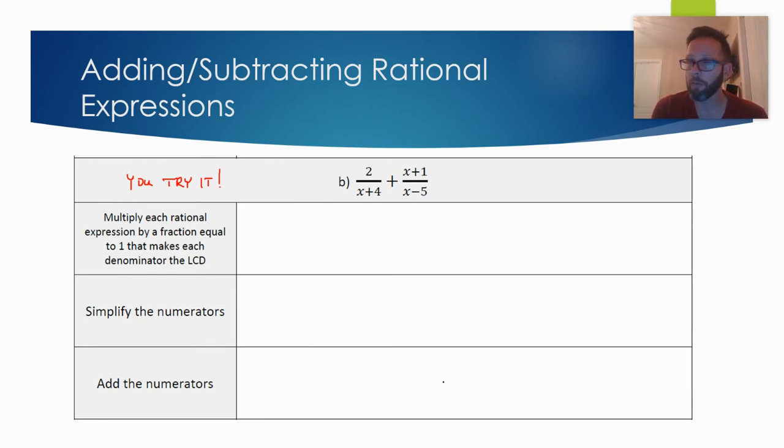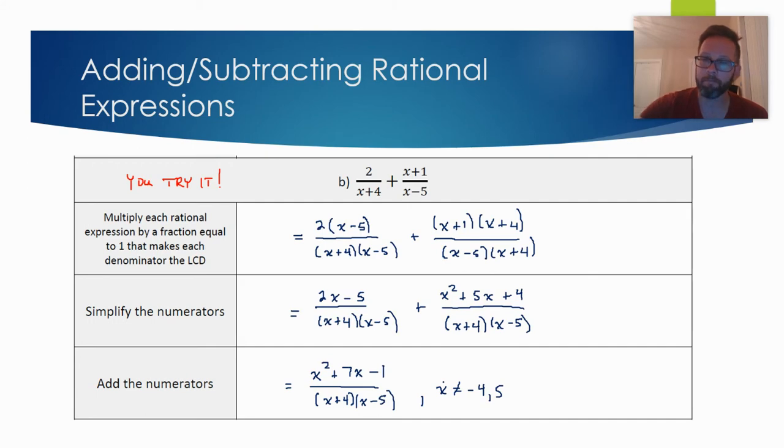So I will assume at this point that you have tried and you're ready to move forward. And so here we go. The LCM, maybe I'll write that in. The LCM, in this case, it's just x plus 4 times x minus 5. That's all you can do.